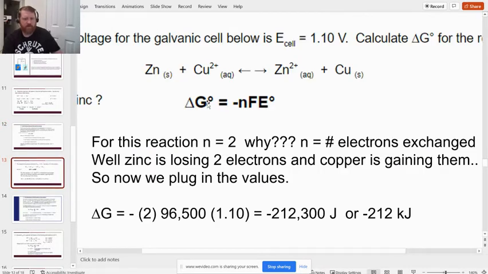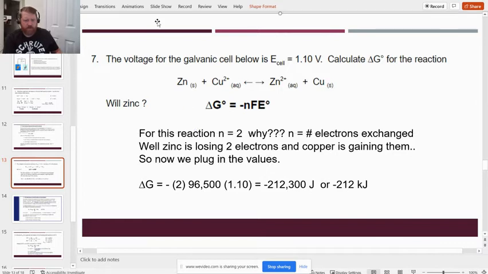We're doing the math. So on the next page, we have number 7 in the notes. We have a voltage of 1.1 volts. Let's calculate delta G for this reaction. The question is supposed to say, will zinc react with copper spontaneously or something like that? One of the hardest things students struggle with is figuring out the value of n.